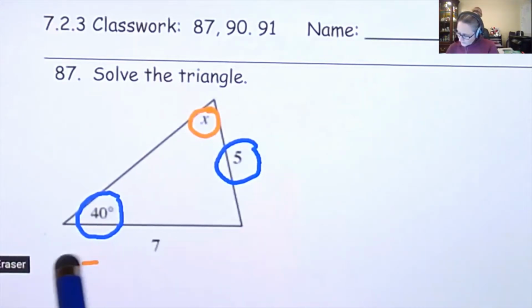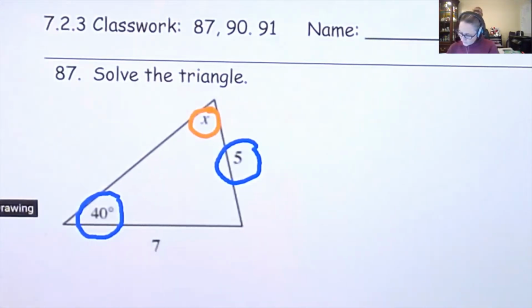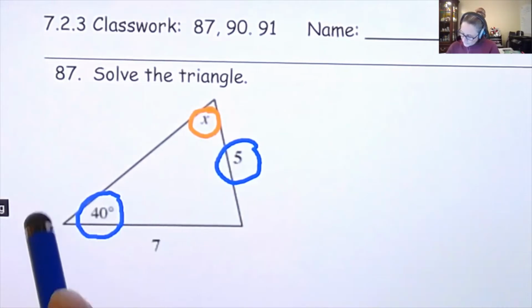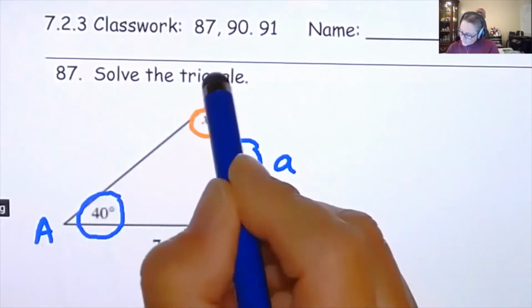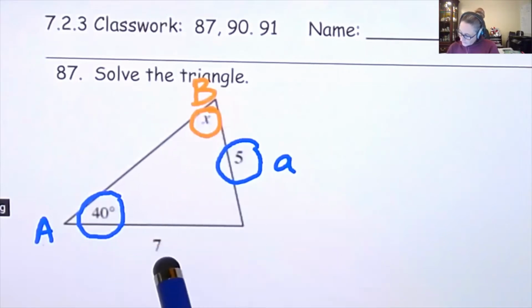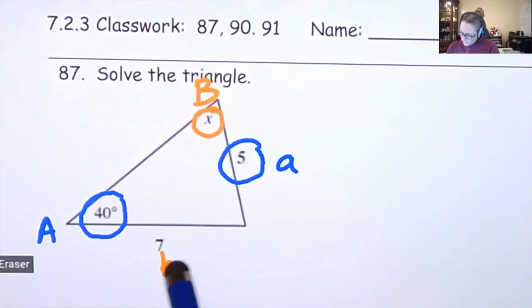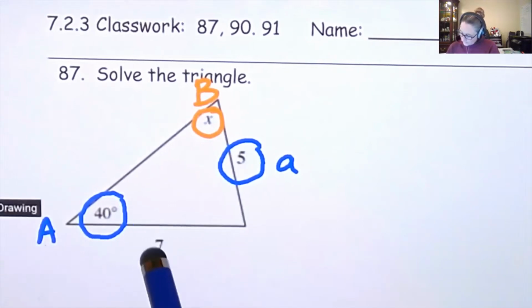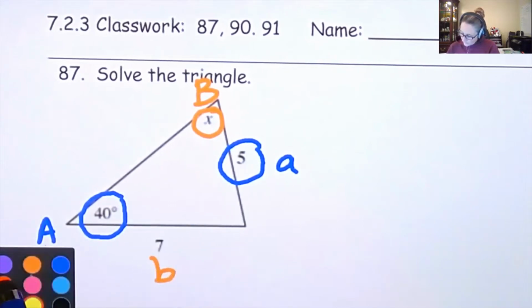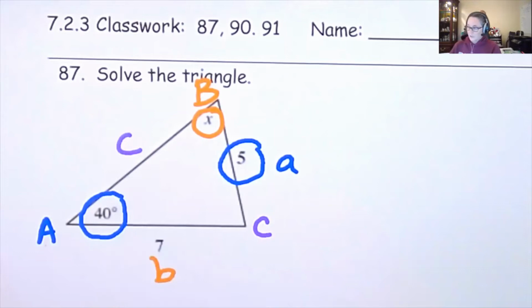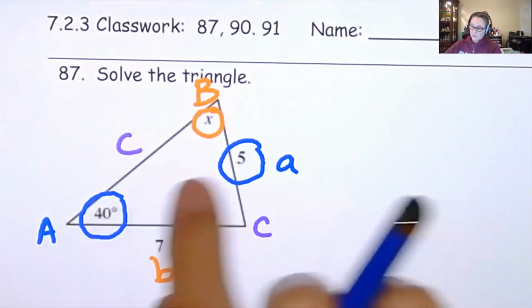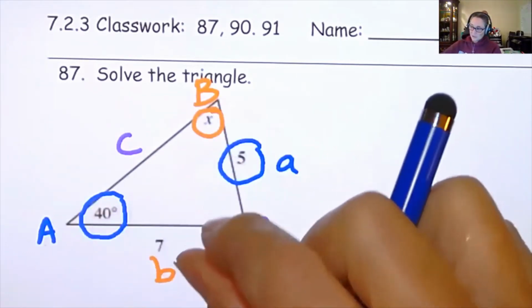So in this case, I'm just going to put some letters here. So let's say this is capital A, little a, capital B, little b, capital C, little c. Okay, now again, I'm going to be using the blue ones to get the orange one here.